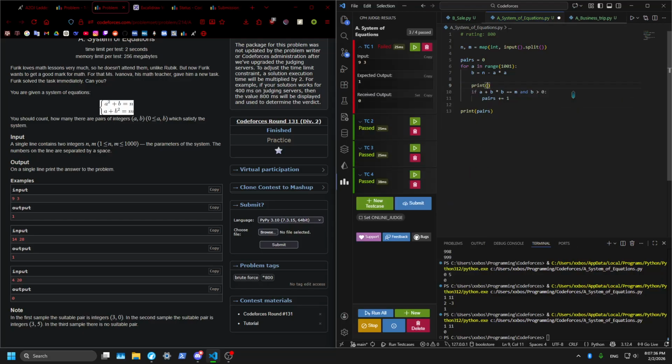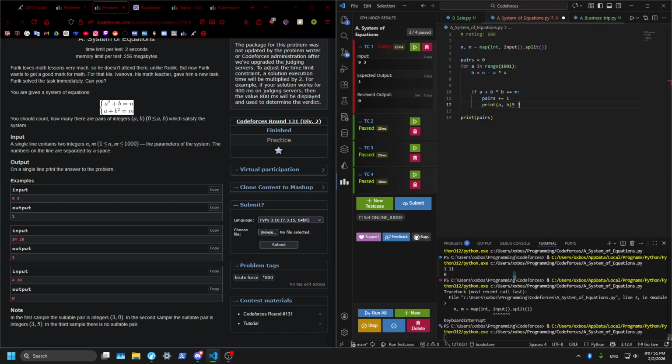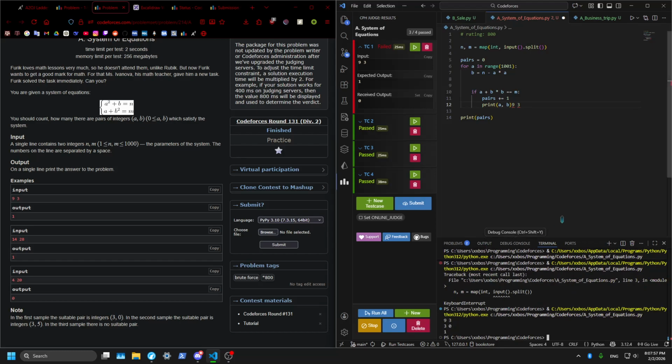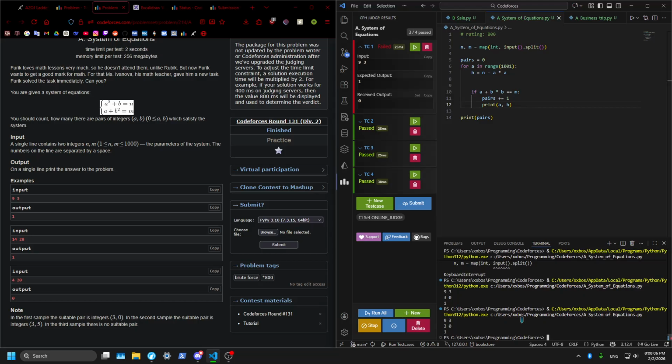Print A and B. Nine, 3, 3, 0. What the hell? 3, 0 works. So B. Oh, so B is equal to 0. So A and B is greater than or equal to 0.